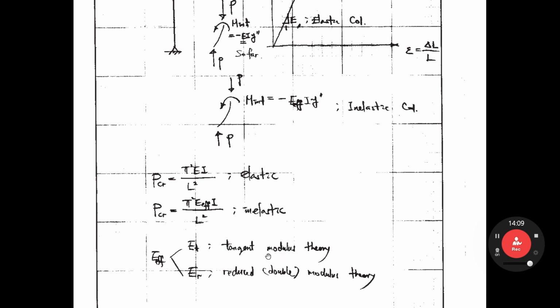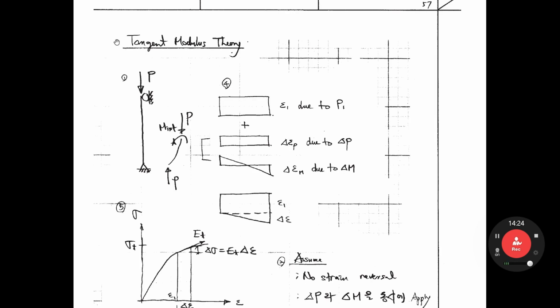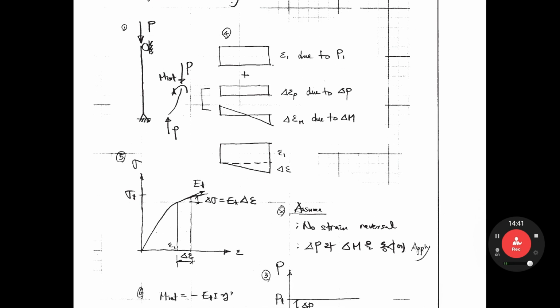So I'd like to present two different concepts. I'd like to introduce tangent modulus theory. Firstly, simply support the column here. Take out the free body diagram, P, and internal moment. In tangent modulus theory, we assume no strain reversal.